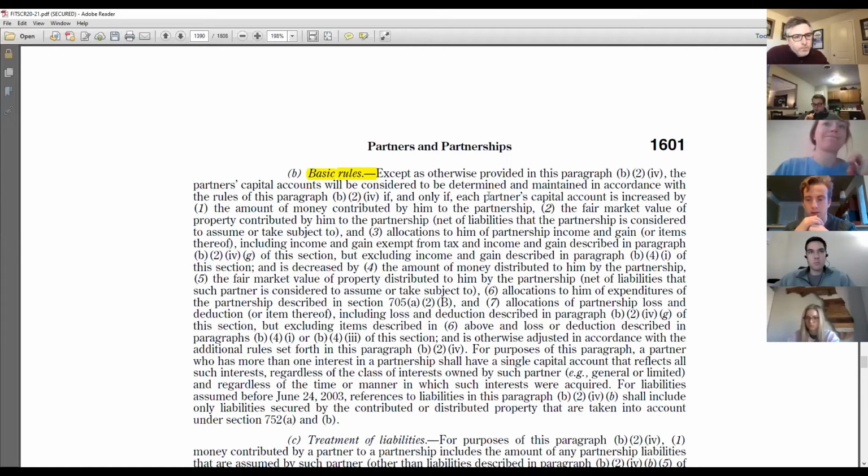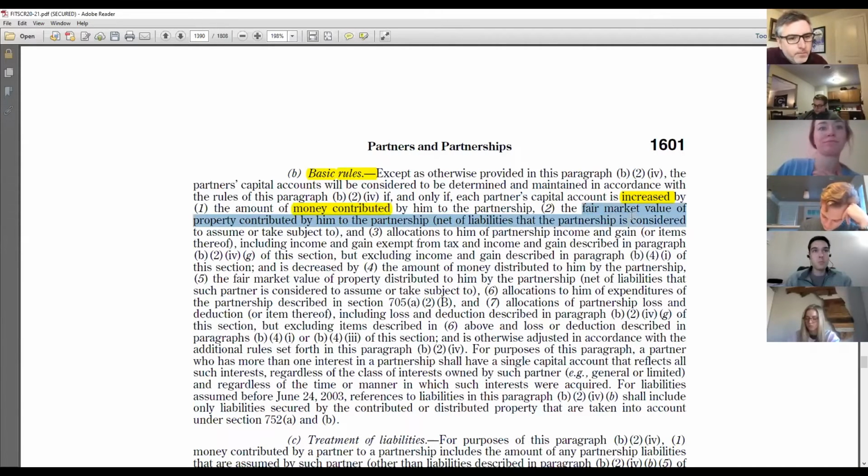And so here your capital account is increased. Your capital account goes up by the amount of money contributed, cash contributed. It's pretty straightforward. The fair market value of property contributed. So that's why if you contribute Blackacre with a fair market value of 100 and a basis of 20, your capital account goes up by 100, not by 20. Your capital account goes up by allocations of partnership income and gain.